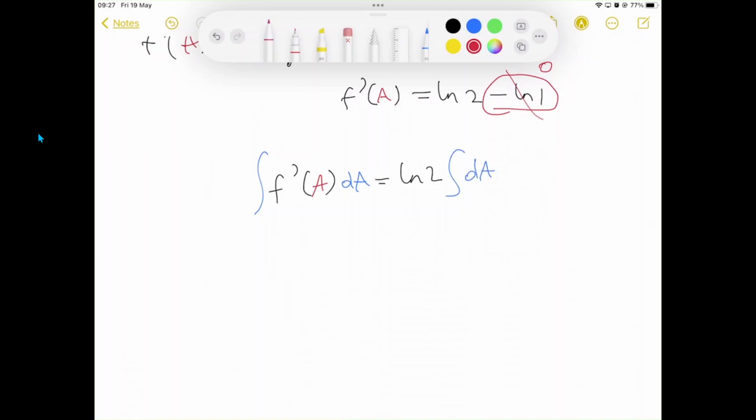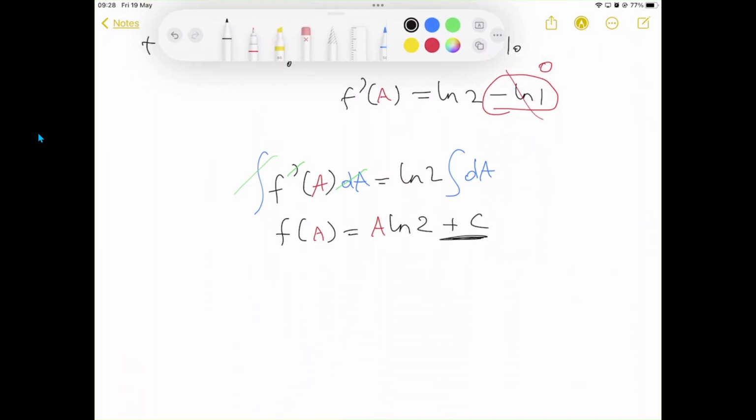So this integral cancels out with the prime, and you're left with f of a and no prime. And on the right-hand side you get a times ln of 2. Of course, plus c, we can't forget this constant of integration.